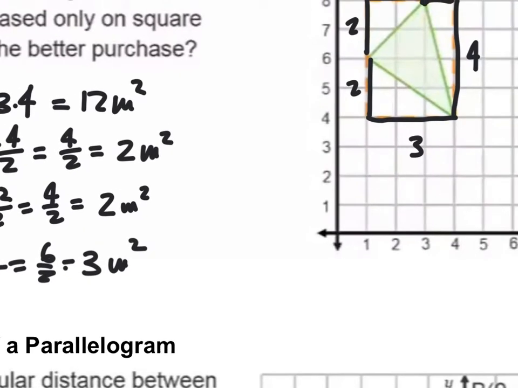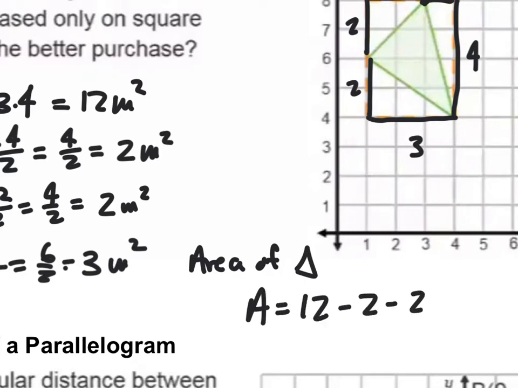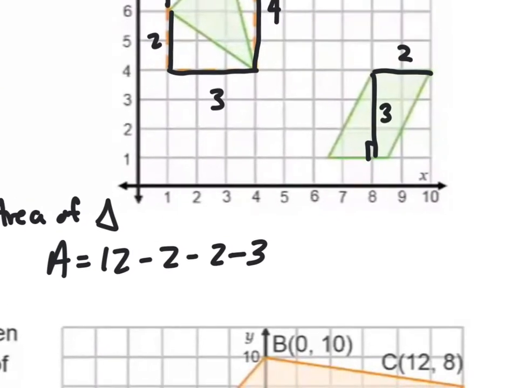So now what I have is this. I'm going to take 12, so my total area, so my area of the triangle, what I'm trying to find, is equal to 12 minus 2 minus 2 minus 3. So I'm taking 12 minus 7, which is equal to 5 meters squared.